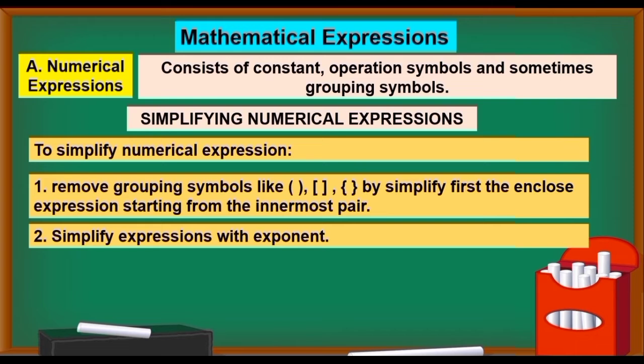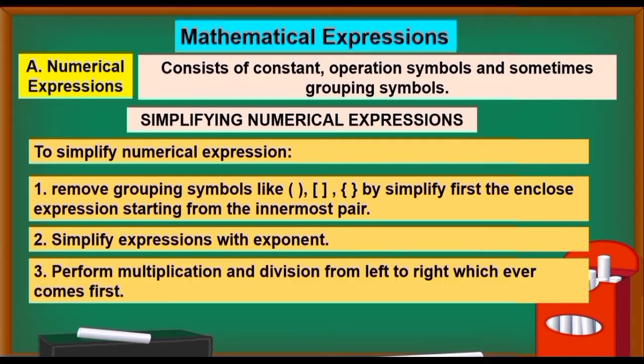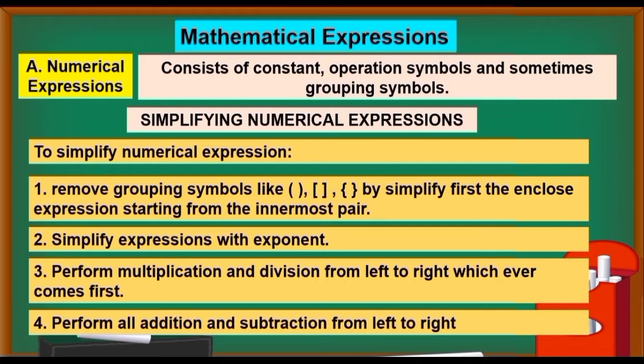Next one is simplify expressions with exponents. Next is perform multiplication and division from left to right, whichever comes first. And then last is we have to perform all addition and subtraction from left to right.